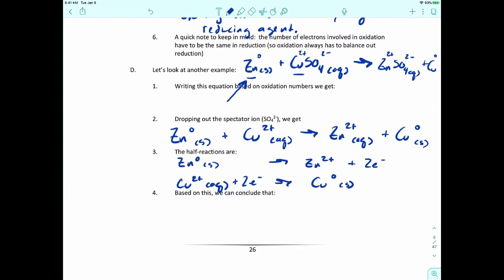So based on what we're seeing, because zinc loses the 2 electrons and forms zinc 2 plus, zinc is being oxidized. So as zinc is oxidized, that means by default, it's got to be your reducing agent.